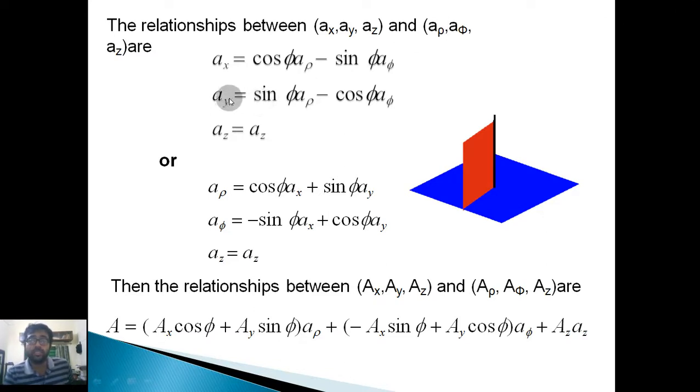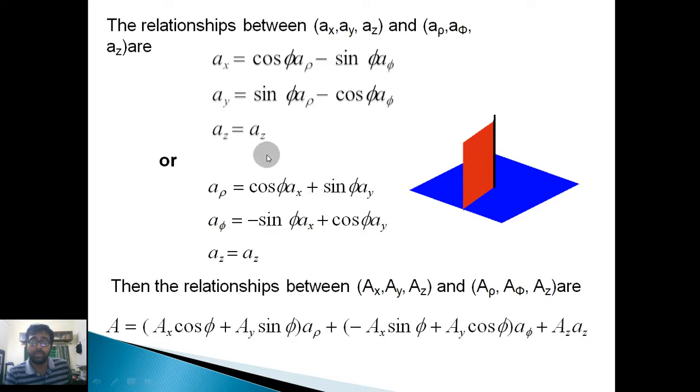One thing I'm going to rectify in this equation: this minus is right, but here it will be a plus. So along the a suffix y axis we will get the vector sin phi a suffix rho, and we will get the cos phi a suffix phi vector, which is the component of a suffix phi along the y axis. If we add them we will get the value of a suffix y.